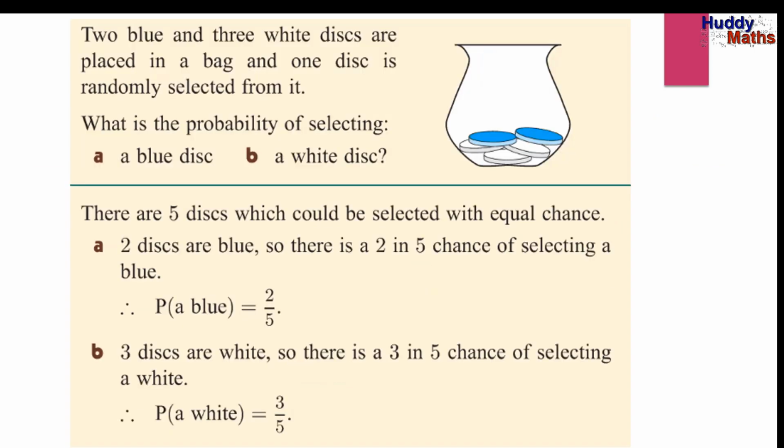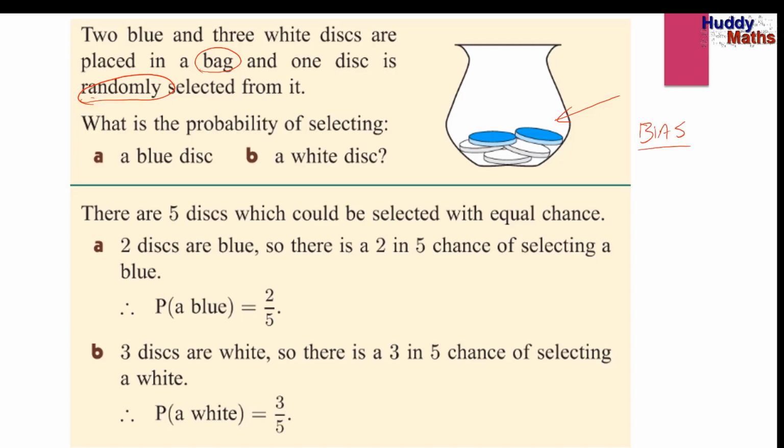Okay, let's go down. Here's another example. 2 blue and 3 white discs are placed in a bag and 1 disc is randomly selected from it. So there it is there. Now, randomly means it's got to be in a bag. It can't be in this bowl that you can see through, because you might like to pick a blue one and subconsciously you're biased. Well, there's another word, biased. When it's not random, there's a bias.